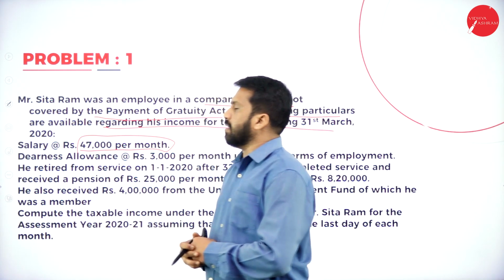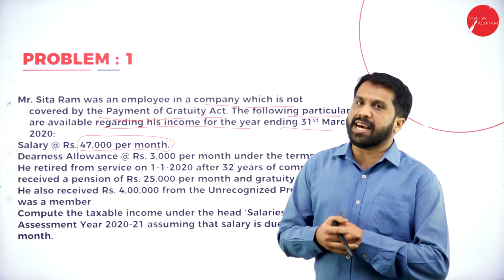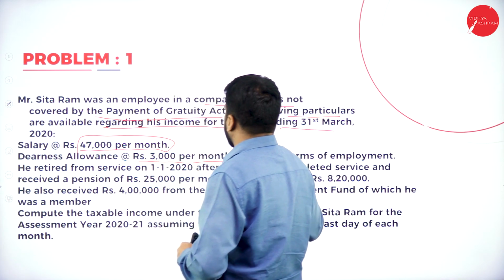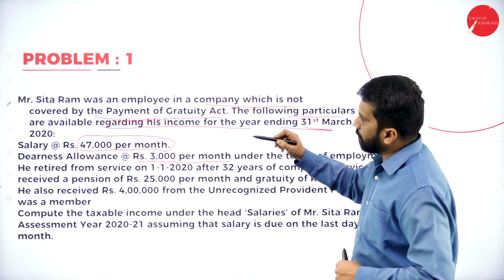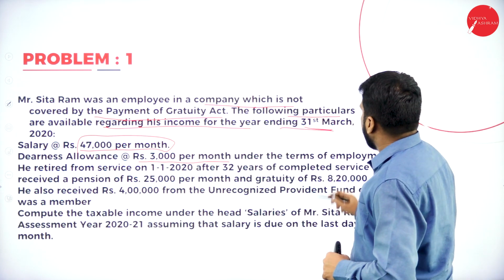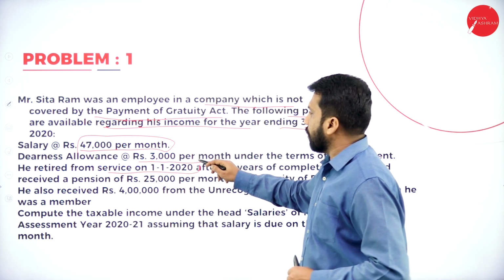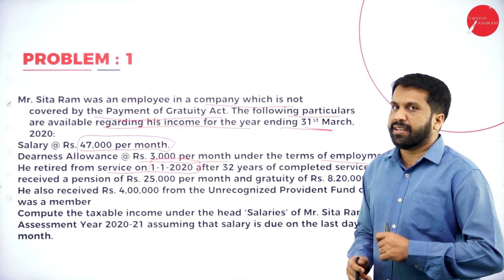Dearness allowance is 3,000 per month. He retired from service on 1st January 2020.